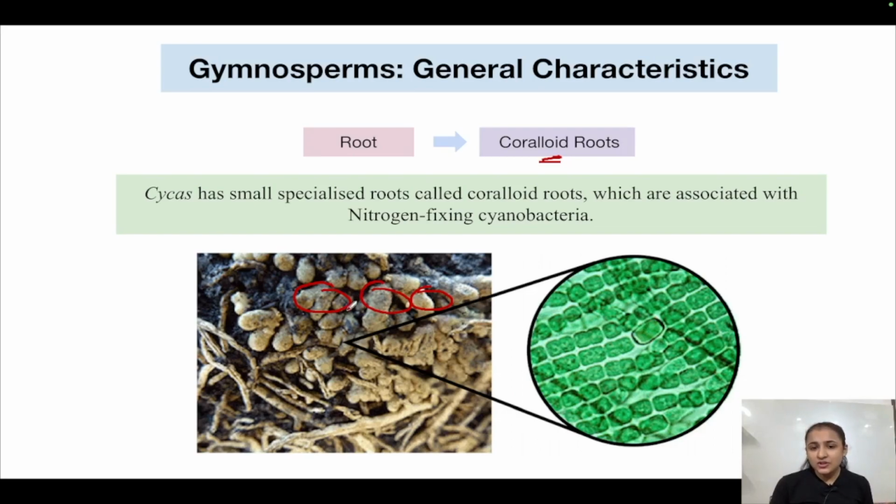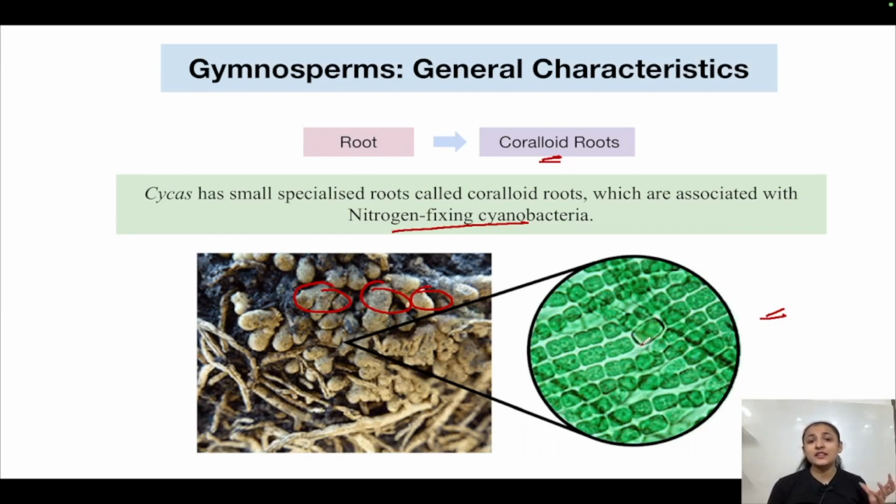Now these structures, these knobs or nodules, are associated with nitrogen fixing cyanobacteria. If you zoom in on one of the nodules here, you will find certain cyanobacteria or blue green algae growing in these nodules. Now what do these cyanobacteria do?